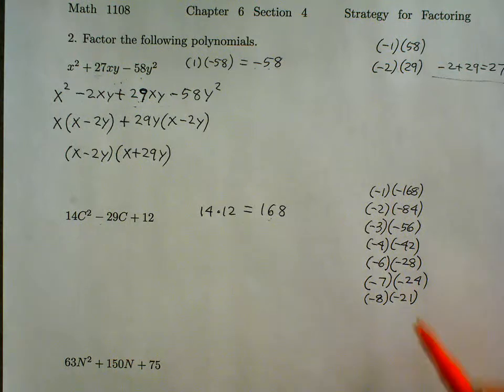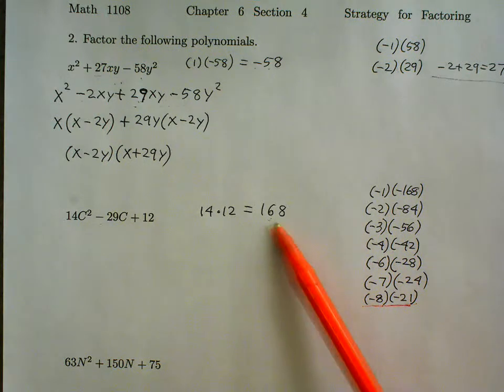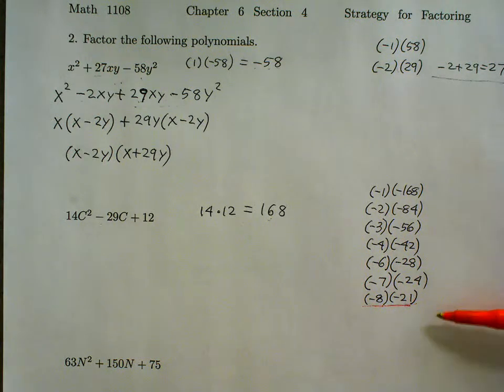So I'll use this as an example when writing down pairs of integers that have the correct product. I'm using previous answers to help me with the later answers.